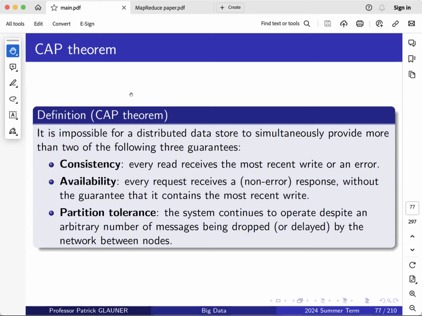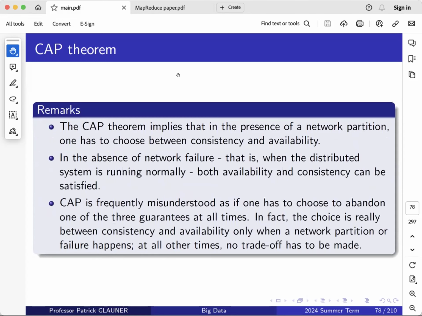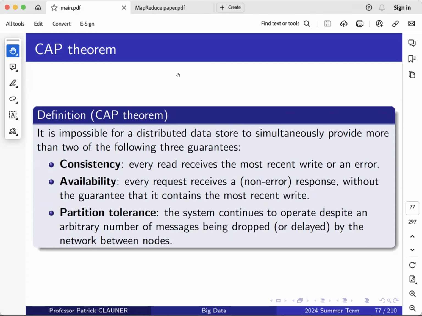In a distributed system, you can only have two of those three guarantees at a time. So if you have partition tolerance, you can only pick between consistency and availability. You cannot have all three at a time. This is impossible. And now you wonder, which ones should you pick?